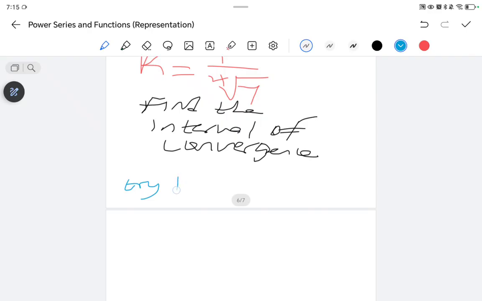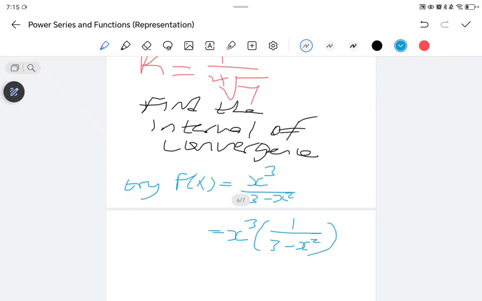We are given that f of x is equal to x to the third all over 3 minus x squared. Remember this, I can just drop x to the third, leaving 1 over 3 minus x squared. Then I must change that 3 to 1. We have 1 over 3 times 1 minus x squared over 3.